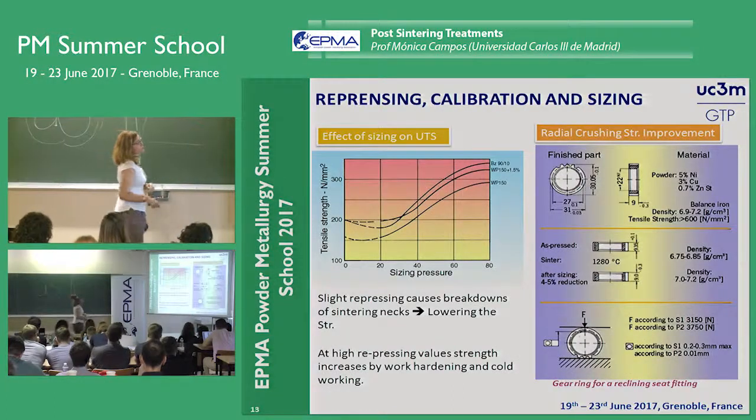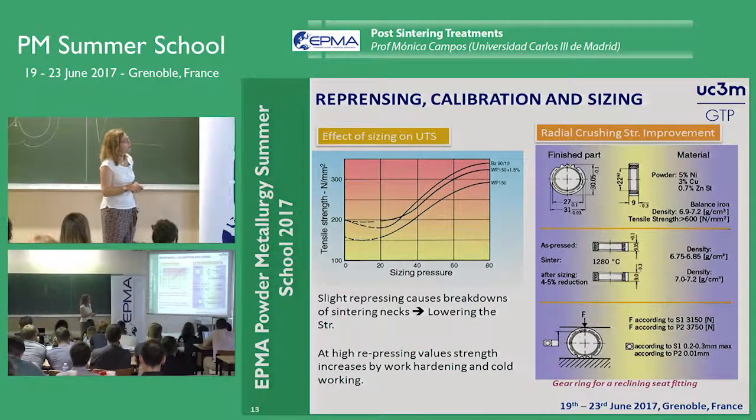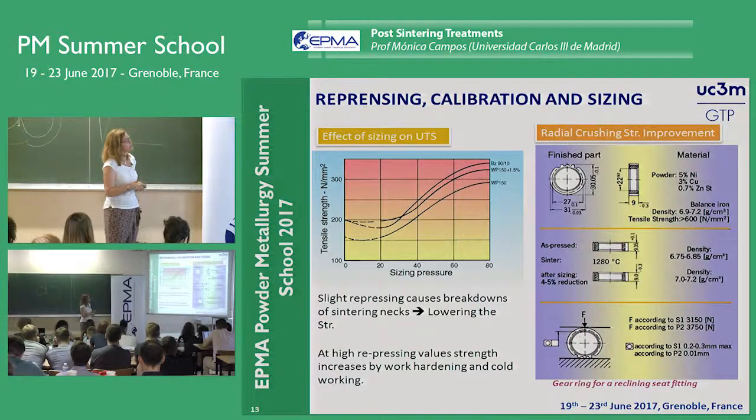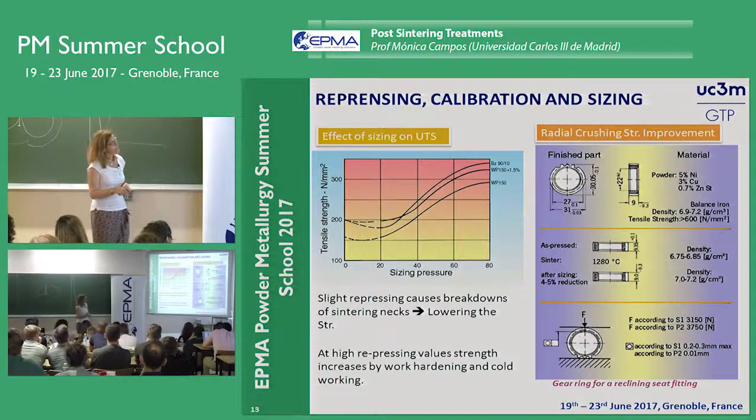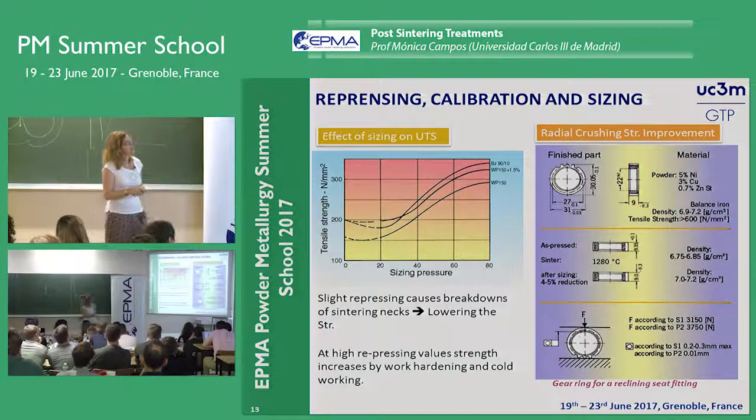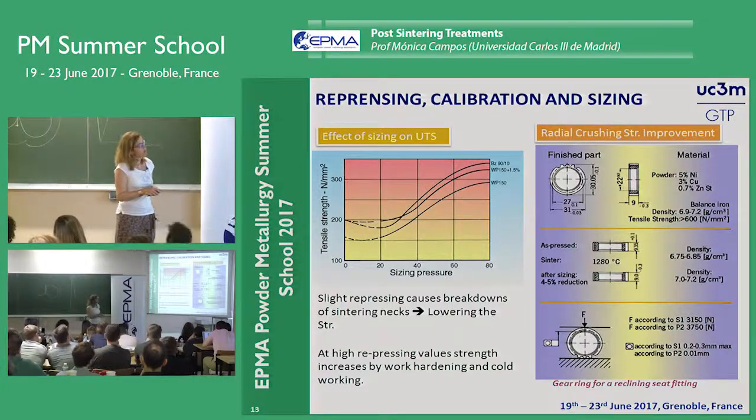Let me show you two examples. This is how we can modify the tensile strength by the sizing pressure of different bronze materials. By increasing the sizing pressure, we can increase the tensile strength. This is the same that we can see here. This is the finished part. The powder is a typical Distaloy powder. And after sintering, we have this level of density.